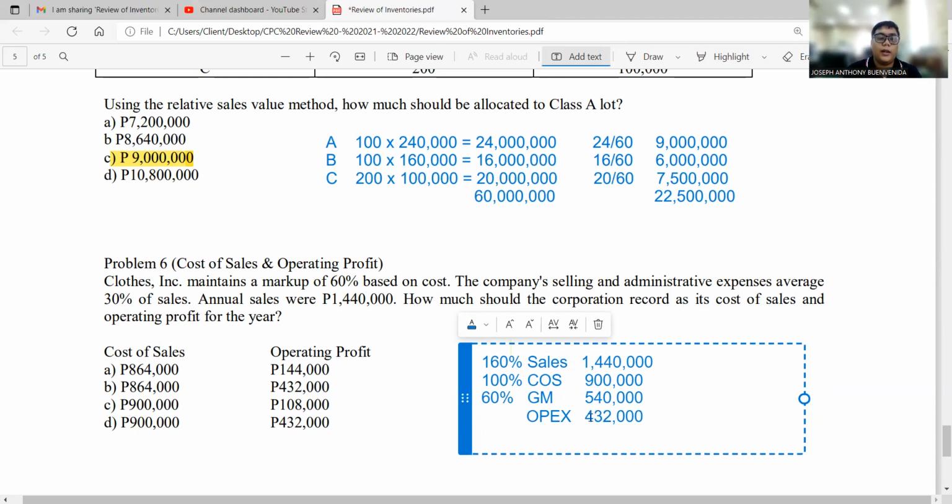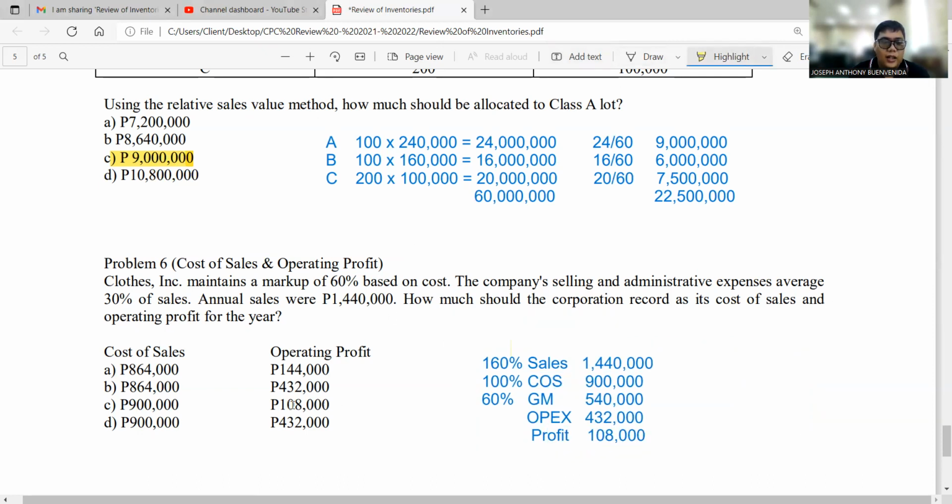Okay, so meaning aton nga net income or aton nga operating profit for the period is 540 less 432, 108,000. So ang aton cost of sale is 900,000, while ang aton nga profit is 108,000. So answer is letter C, right?